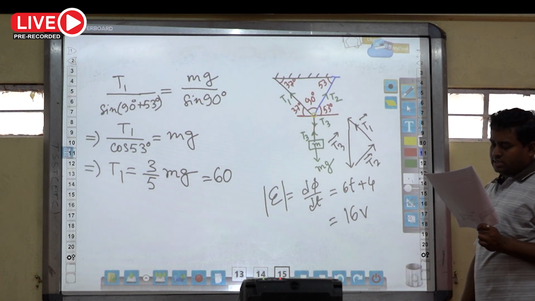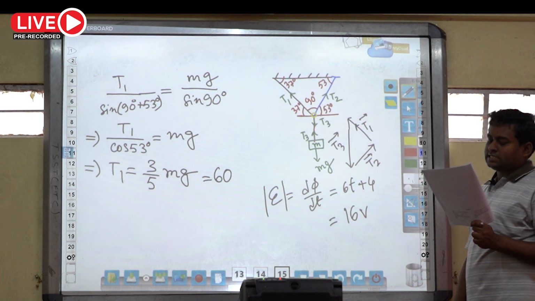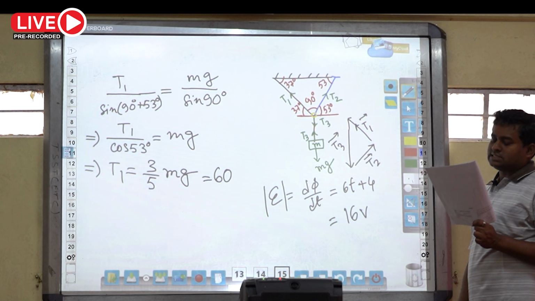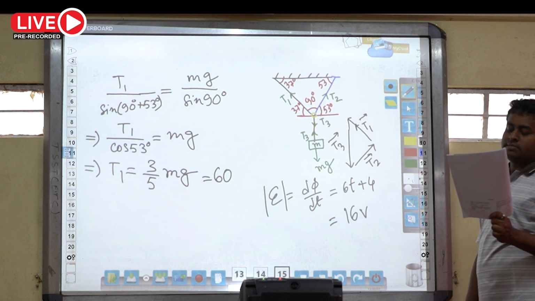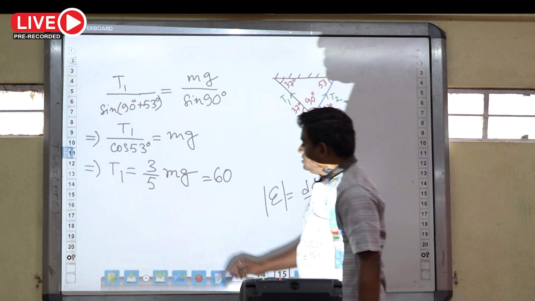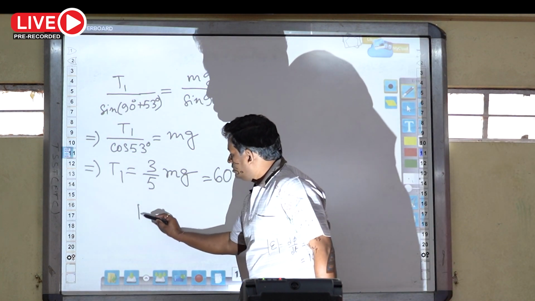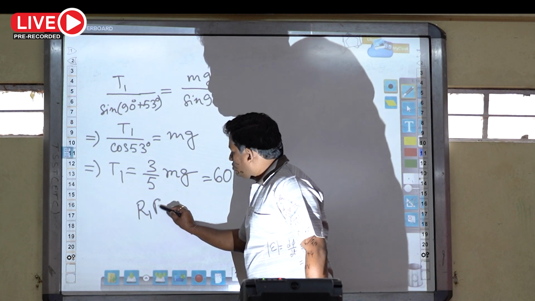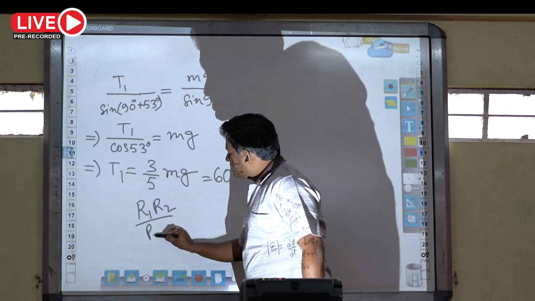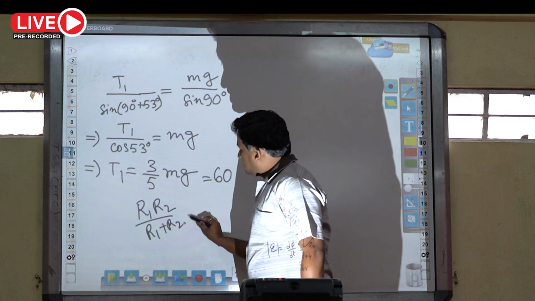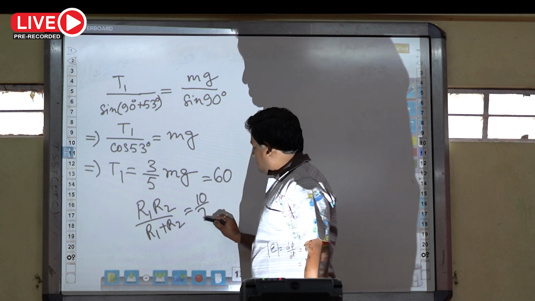Next one is also very easy. When two resistors are connected in parallel, their effective resistance is equal to 10 by 7 ohm. Means R1 R2 by R1 plus R2, that is given 10 by 7.